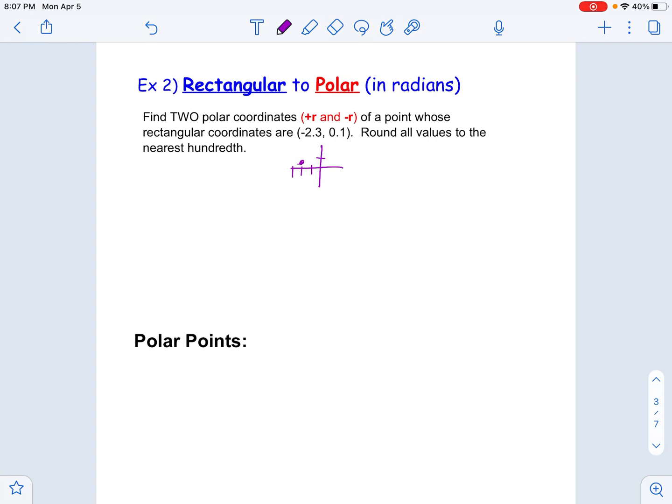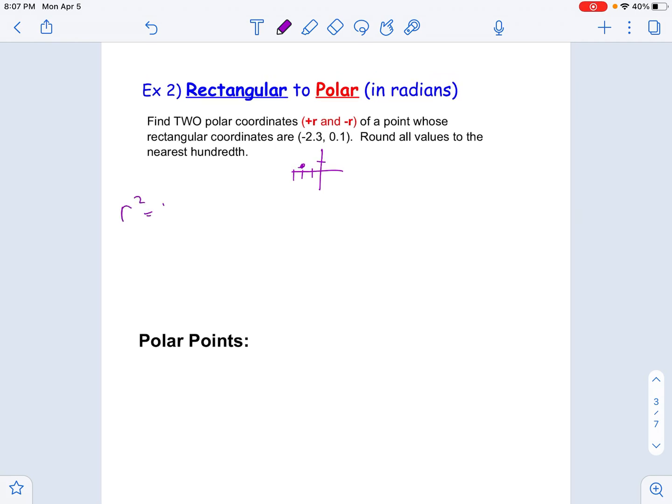All right, so again, let's find r first. I know that r squared is equal to x squared plus y squared. So r squared has to be negative 2.3 squared plus 0.1 squared. Again, I'm going to go to my calculator, type that in, and take the square root of both sides.